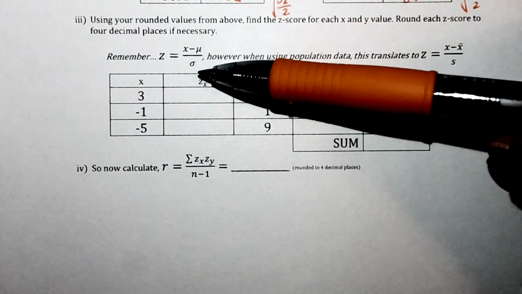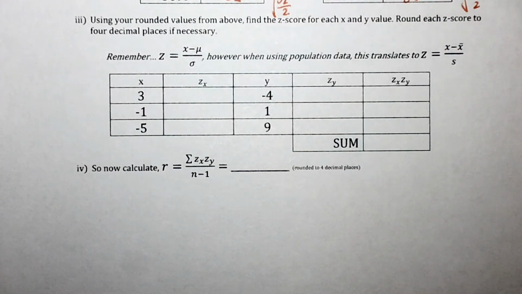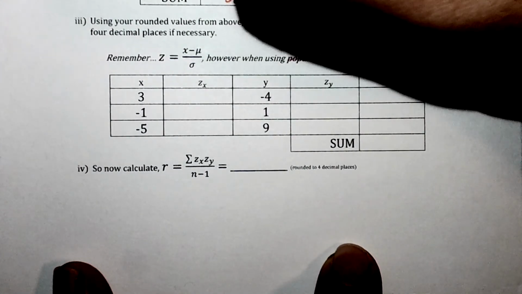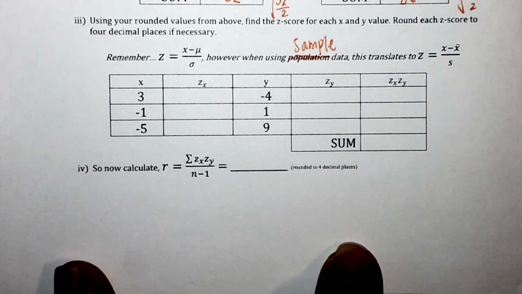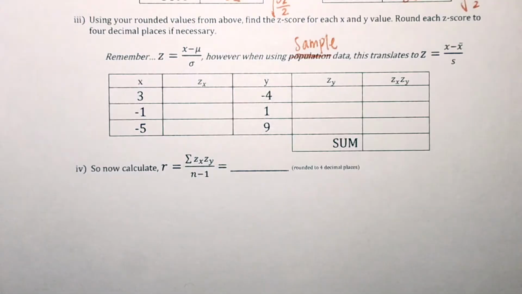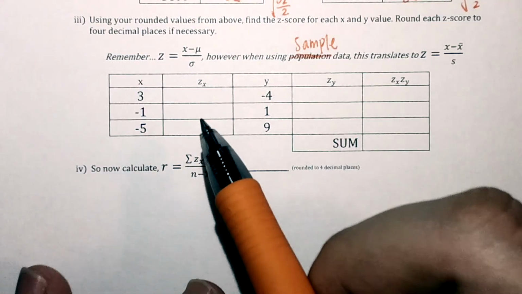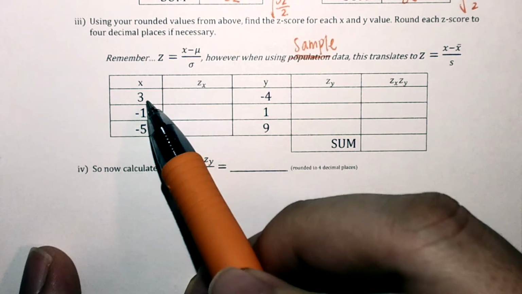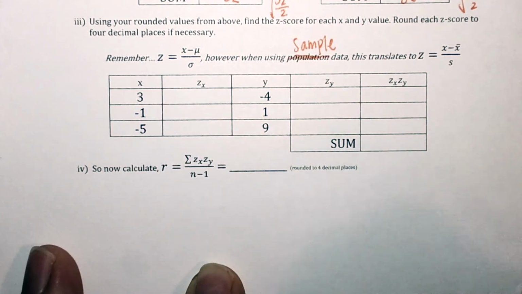So mu and the sigma, lowercase sigma, are the mean and standard deviation of the population. However, when using sample data, this translates to (X minus X bar) over S. So when we're calculating the z-score for the first X value, I'm going to show my work a little to the left here.